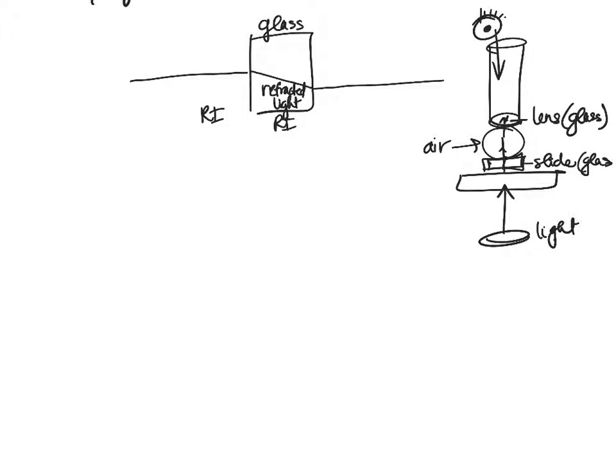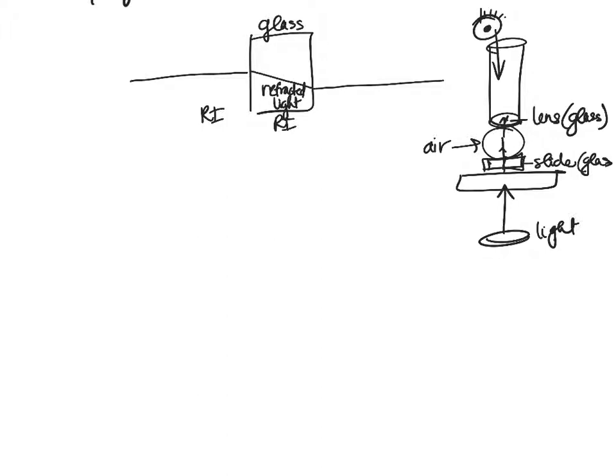So depending on the type of microscope, we want to decrease the number of times we have refraction, because refraction shifts and bends the light, and it won't give us as accurate an image as we want.